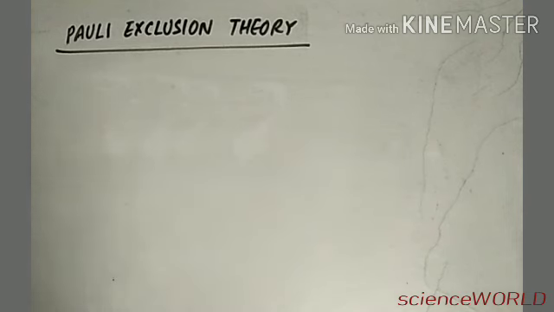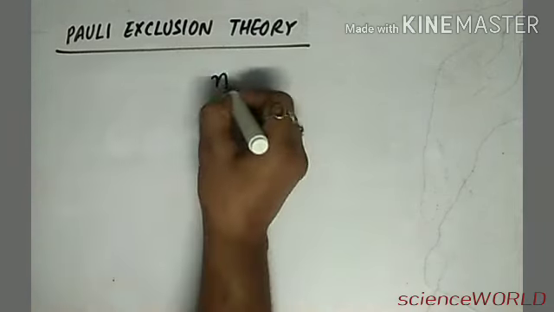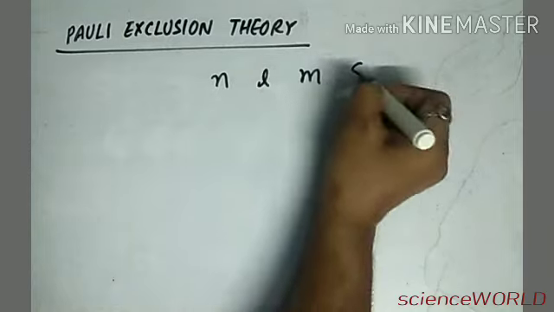Basically this is the principle, and we can consider here all the 4 quantum numbers. If we consider 2 electrons of the same atom, then all the quantum numbers, that means we can detect the value of n, L, M and S.